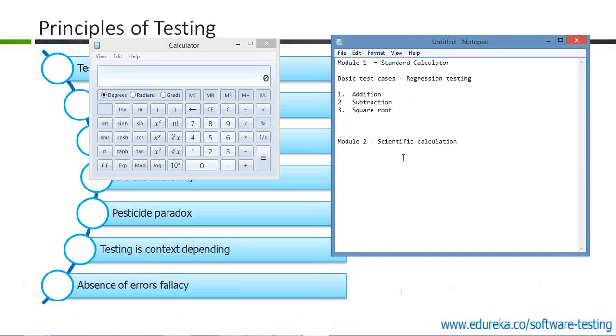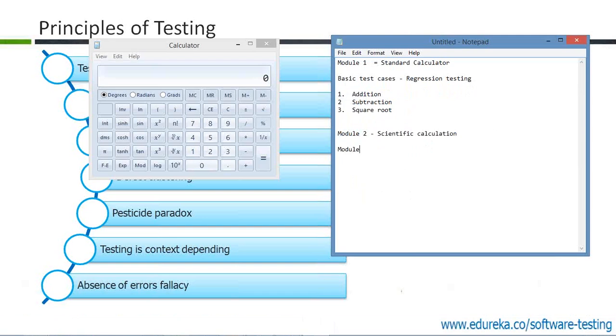Now assume they have come up with this new module, scientific calculation, now your test cases will have more weightage because you are seeing that this scientific calculation module is not impacting the results which are there in the standard calculator. You understood? So this is one criteria. Secondly, after scientific calculation they are coming up with module 3.